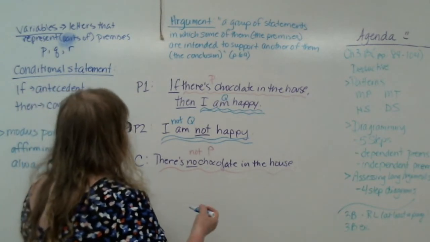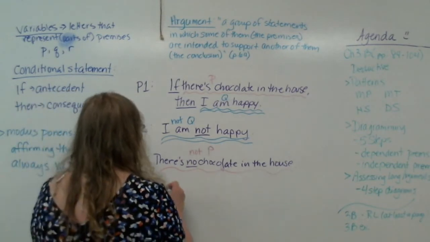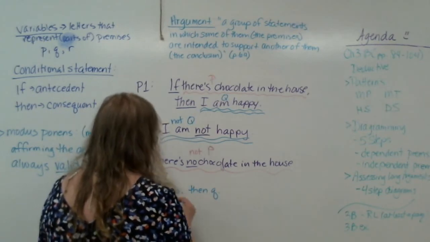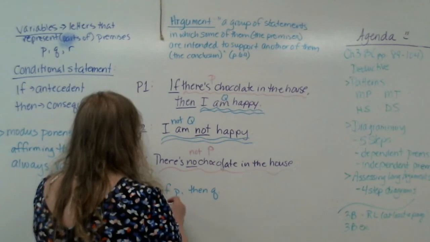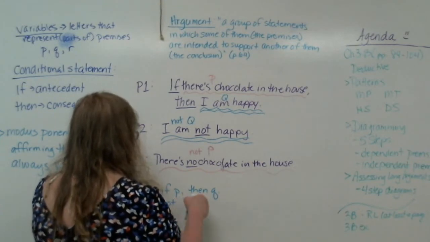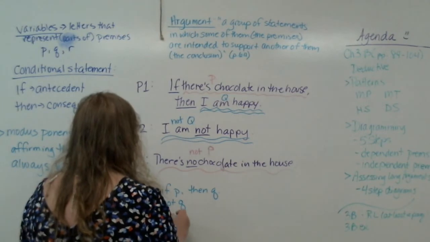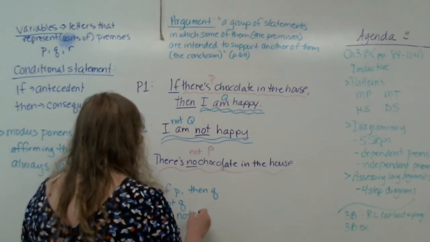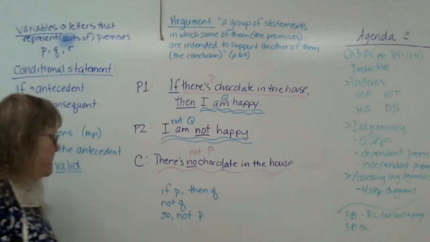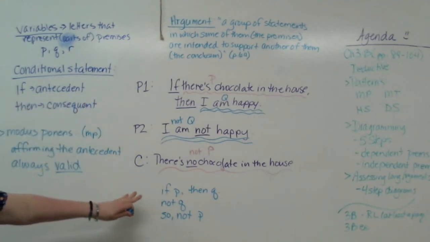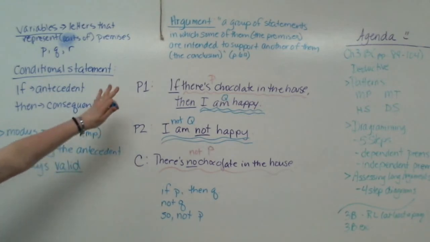We don't want 4 variables, especially when they're not really different. They're just the opposite side. So if I write this out, I still have if P, then Q. But my second one is not Q. So, not P. Shortened it down, gave it shorthand. It's the same argument.